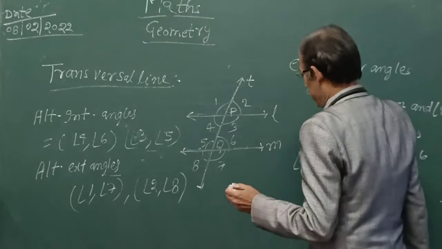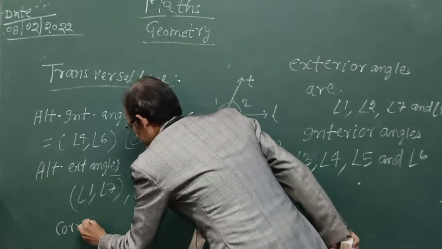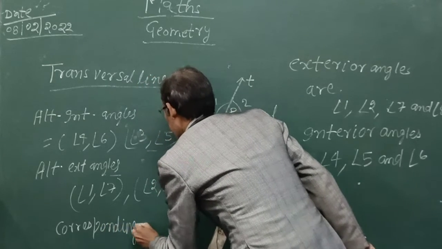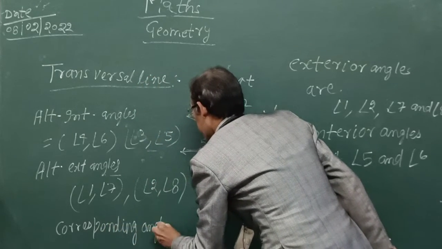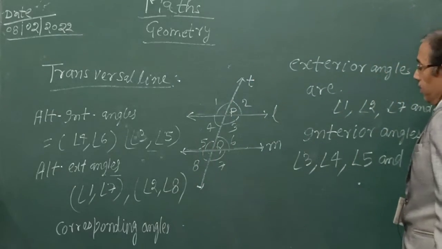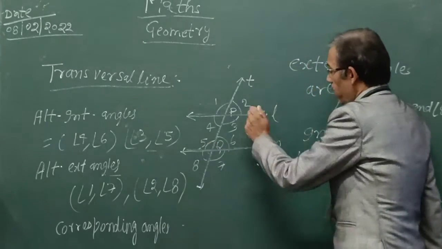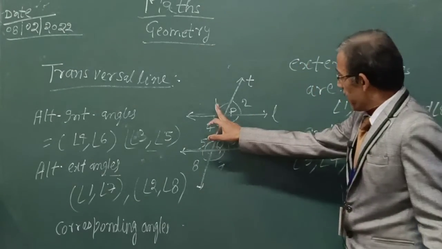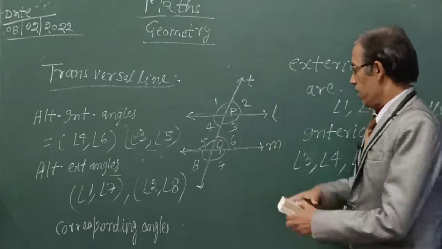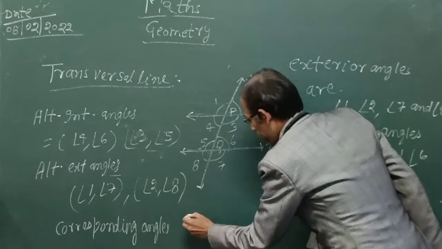Now corresponding angles. Corresponding angles mean one exterior angle and one interior angle on the same side of the transversal line. A pair of corresponding angles is angle 1 and angle 5.